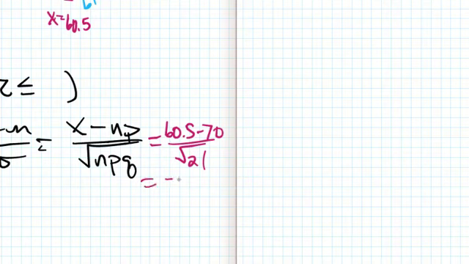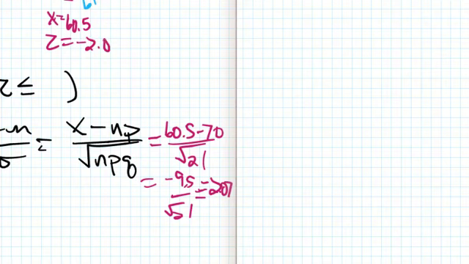Negative 9.5 divided by root 21, and I get negative 2.07. So z equals negative 2.07.